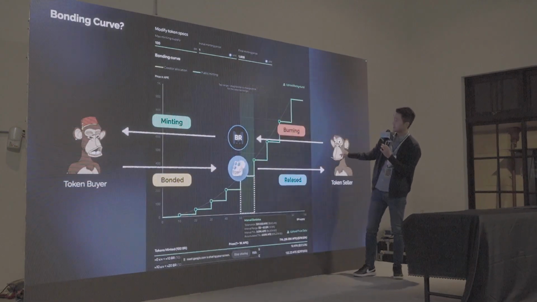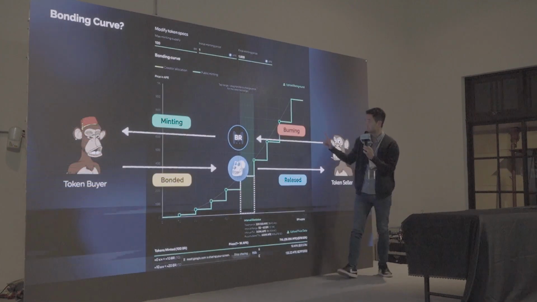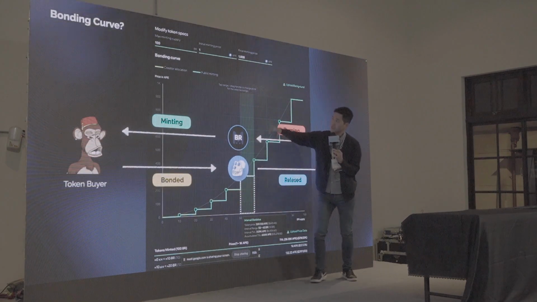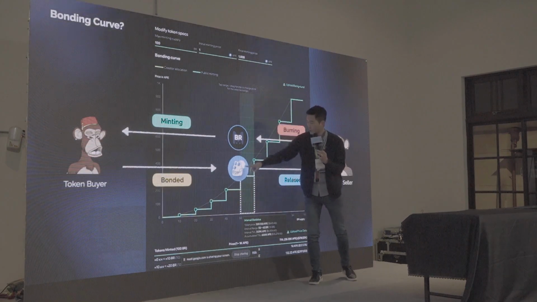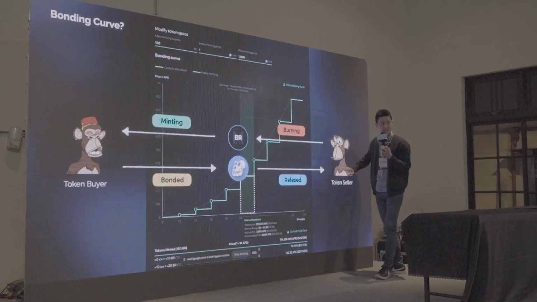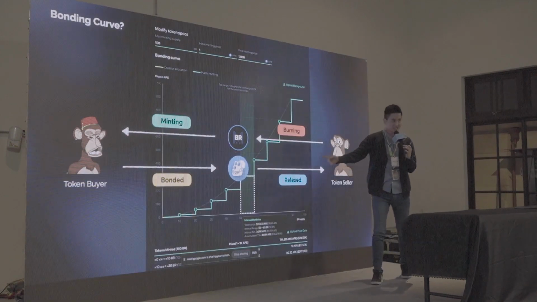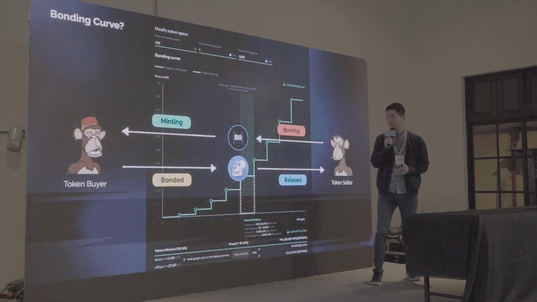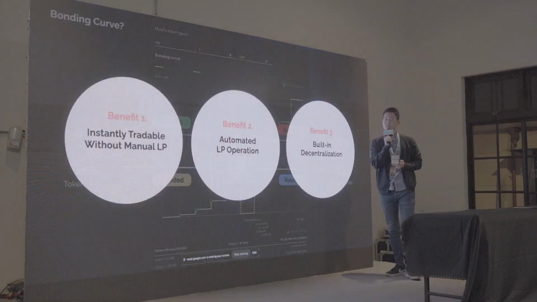When this token is sold, the token being sold will be burned by the bonding curve contract, and the base token that was in the bonding curve pool will go back to the seller. So as you can see, the pool just runs automatically based on this bonding curve mechanism.